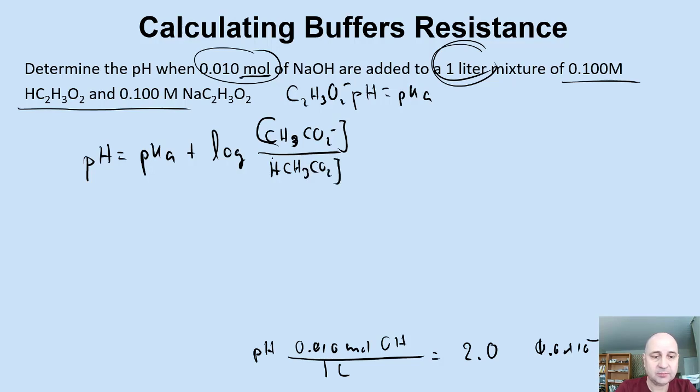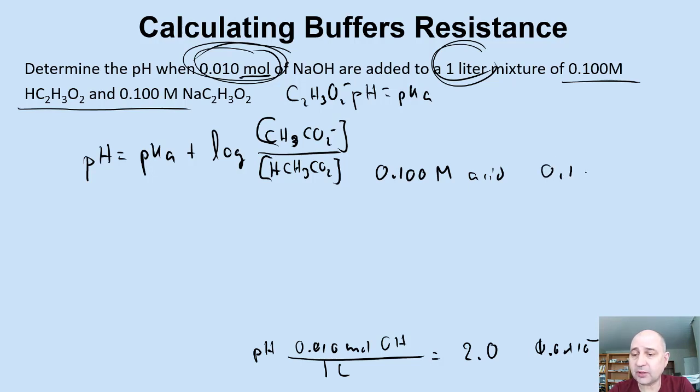CH3CO2 over acid concentration. Now what you have to understand is that every single mole, every single molecule of this 0.01 molar base solution is going to react with the acid. So if the acid is 0.100 M in 1 liter, that means we have 0.100 moles of acid.